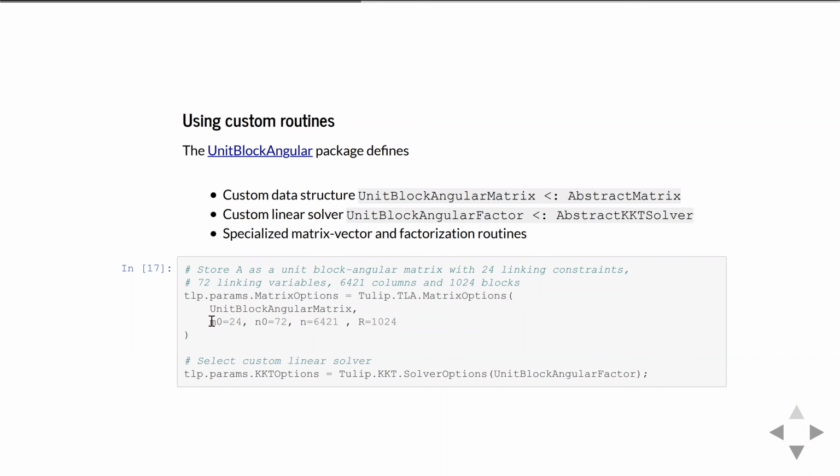Everything that is on the second line are essentially keyword arguments that are going to be passed to the constructor of the matrix. So that allows you to really customize everything you want. And then once we've said that, we just have to say that we want to use the unit block angular factor linear solver. And that's it.